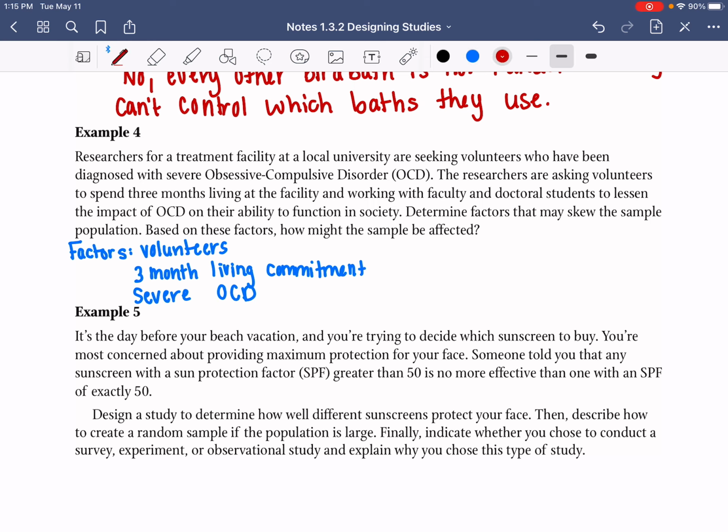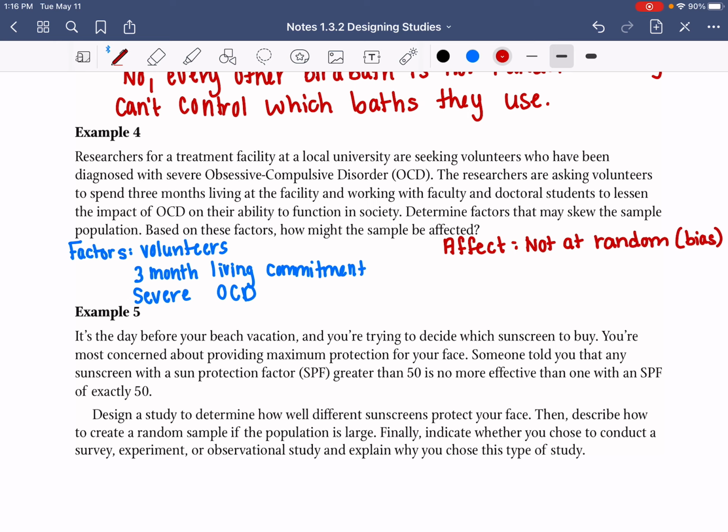These are just factors, right? These are things that they said about it: volunteers, 3 months living, severe, to work with these doctoral students. Some ways that this could affect it. Volunteers means it's not at random, so there could be some bias.